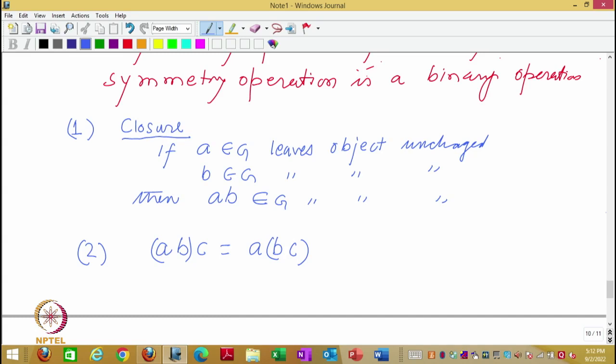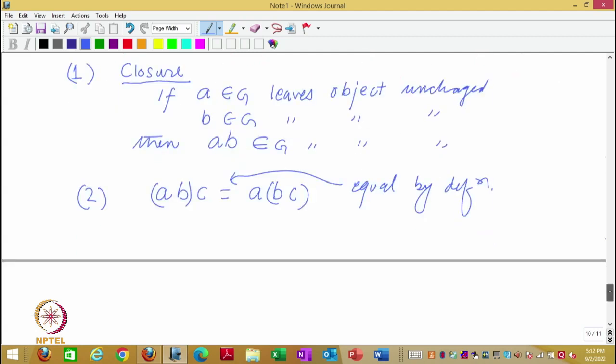The right hand side also leaves the object unchanged, because C leaves it unchanged, you combine it with B, that also leaves it unchanged, and then you combine it with A, that also leaves it unchanged. So, obviously, the two are equal by the very definition of symmetry. So, associativity is also satisfied.